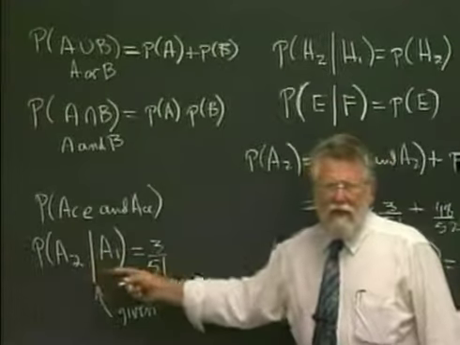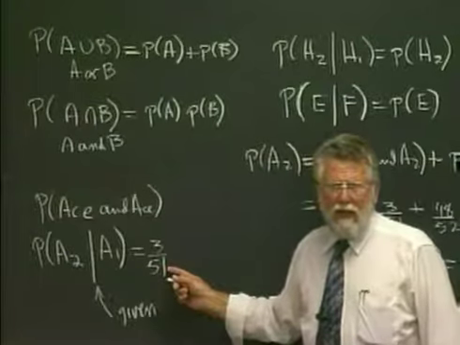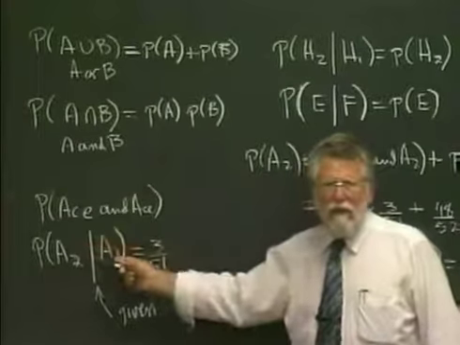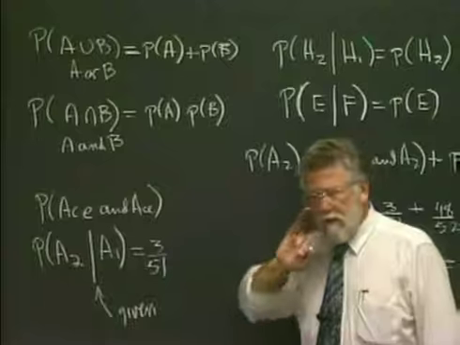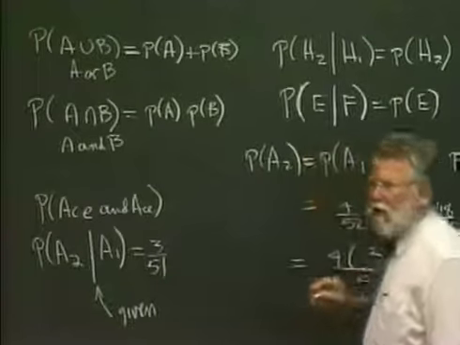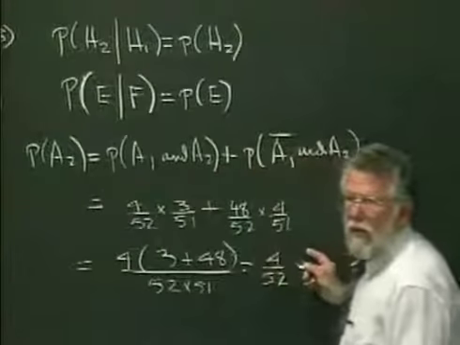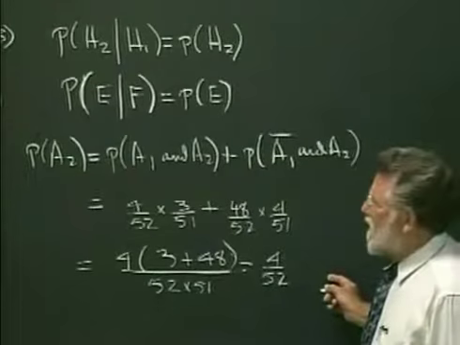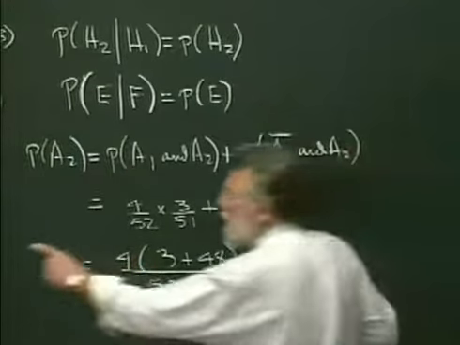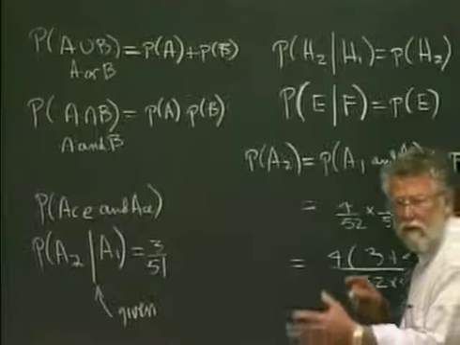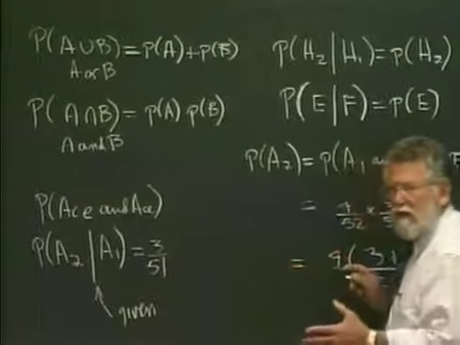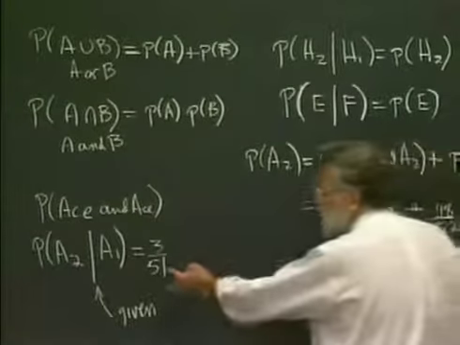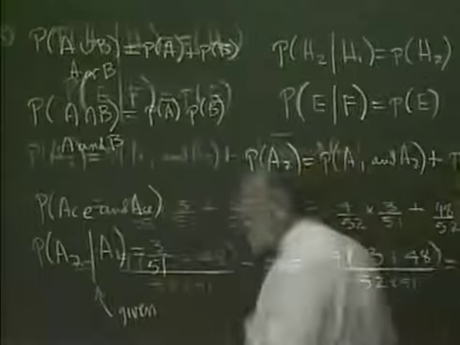Okay, this is what I'm looking at. If the 2 events were independent, this should be equal to the probability of A sub 2, correct? But as I look over here with the other camera, the probability of A sub 2 was 4 over 52. This is 3 over 51. This is 4 over 52.